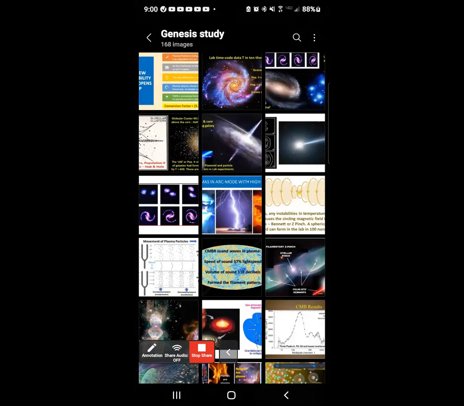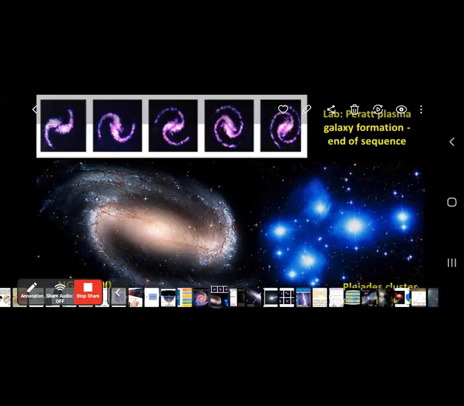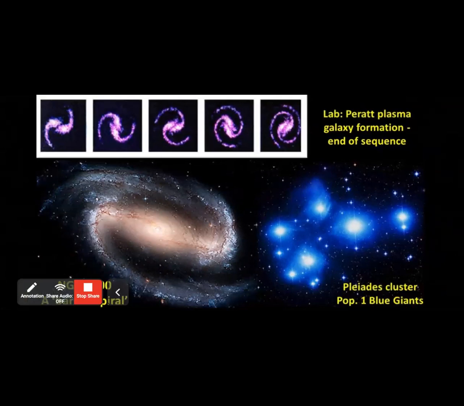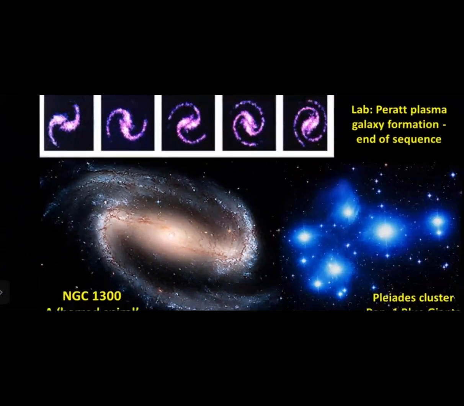I find it very interesting that we know this via lab experiments. This is from the Peratt lab experiment. And notice this is called the barred spiral. This is NGC 1300 here on the left-hand side.